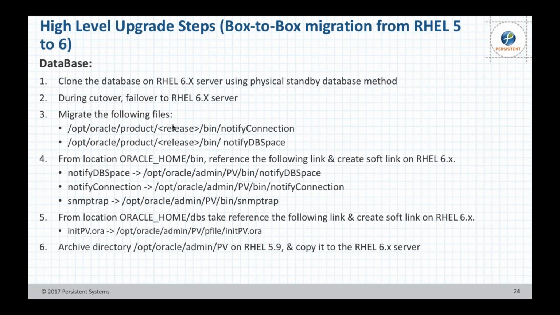And then essentially, within Oracle, you're doing a failover to Red Hat 6. Of course, in order to prepare for the failover, there are a list of files that you need to copy over, and there are some specific TNPM related files that you also need to copy over and create those soft links on Red Hat 6. So those are all listed in the steps here.